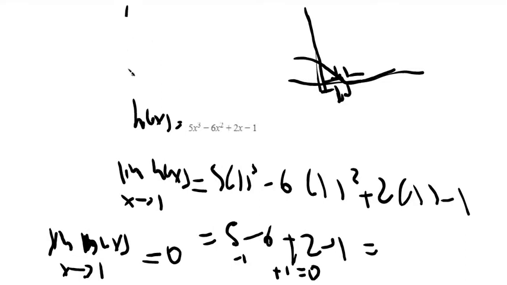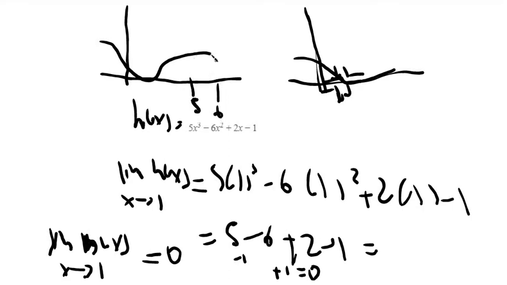There's also the concept of discontinuity. So let's say you have the graph at 6, but there's an empty hole in the graph. When you plot it, it's going to be undefined.